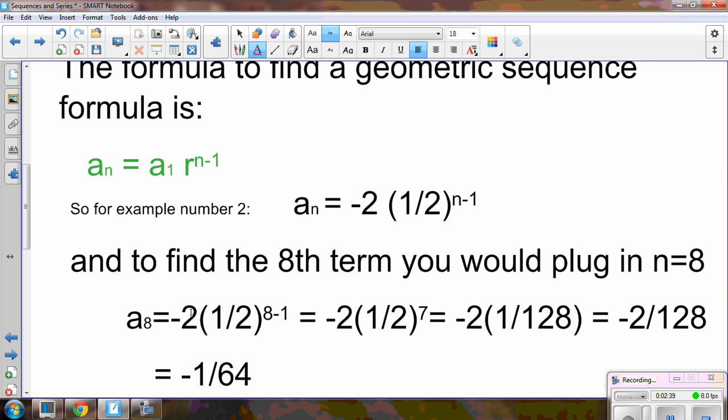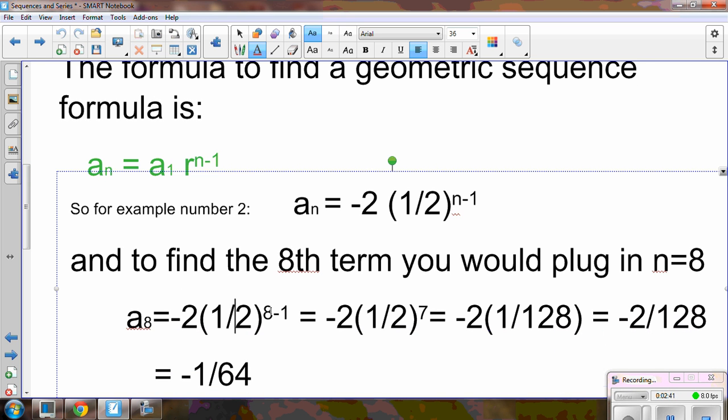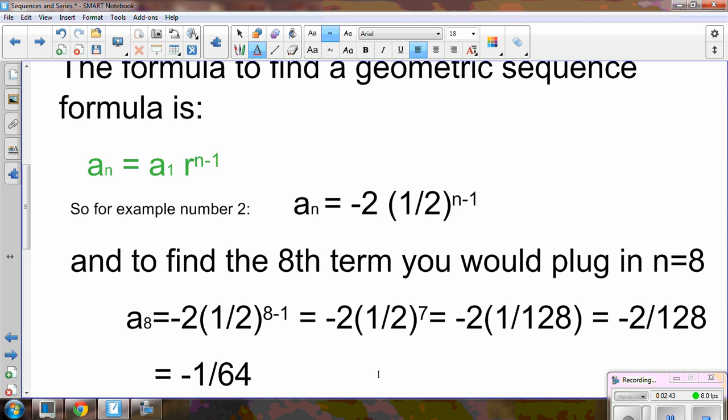So you get negative 2 times 1/2 to the 8 minus 1 power, which is, when you do 8 minus 1, you get 7. So negative 2 times 1 over 128, that is the 7th power of 1/2. And if you just do your multiplying, you get negative 2 over 128, which simplifies to negative 1 over 64.